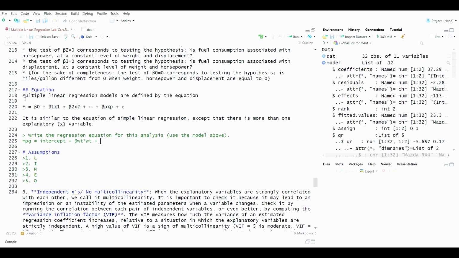Plus, and so on and so on. I'll let you fill in the rest. Weight, displacement, horsepower, right?